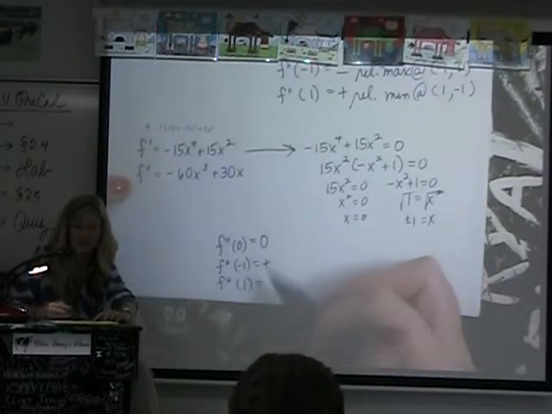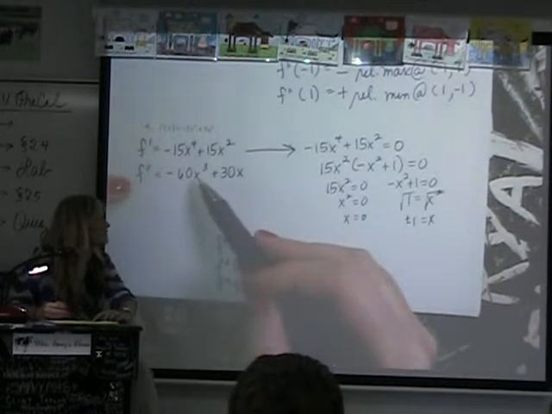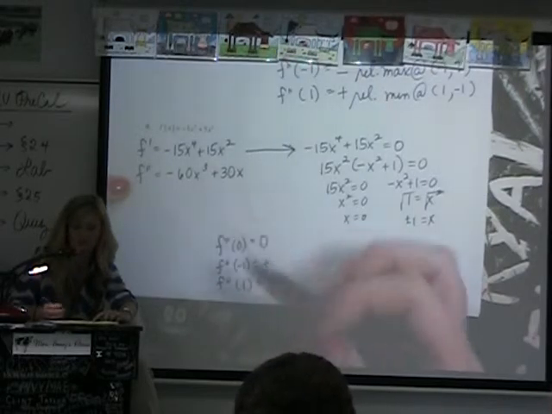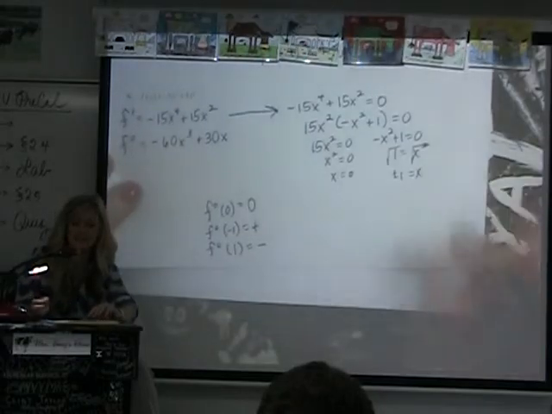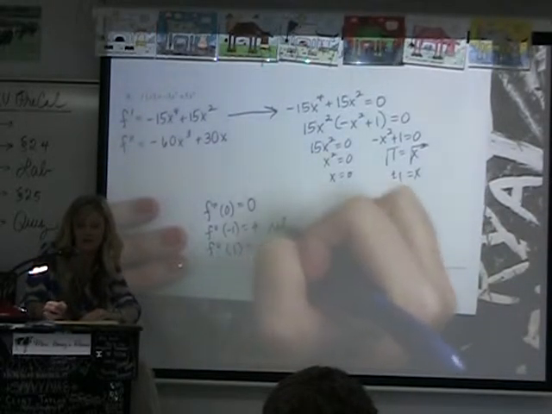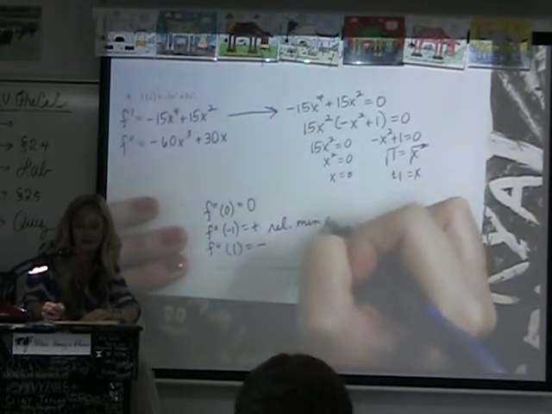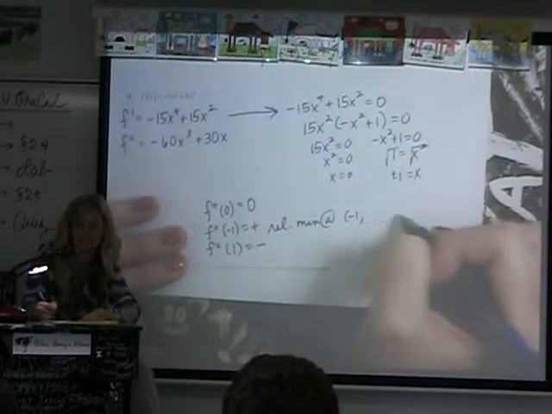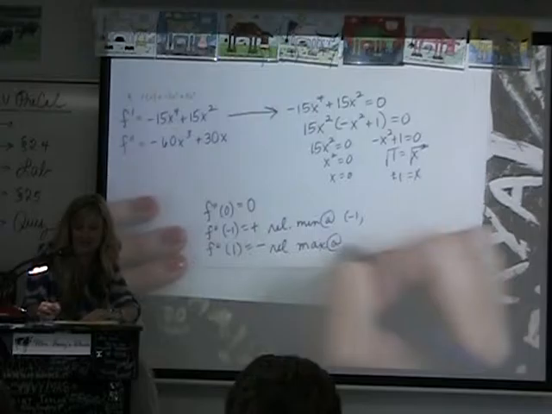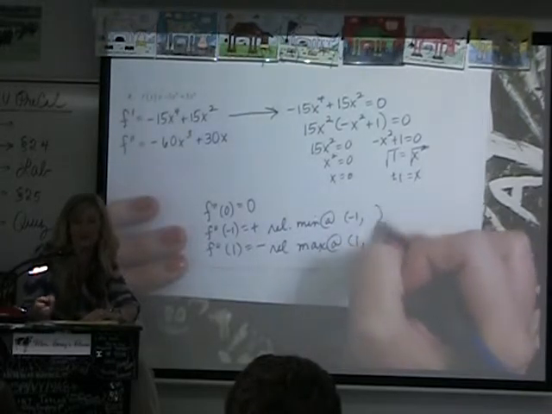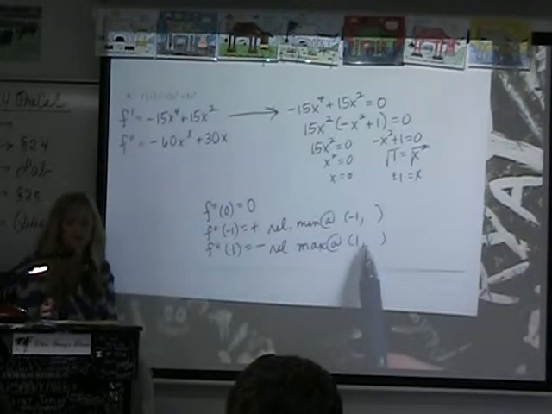And if we put positive 1 in there, we get a negative 60 plus 30. So we get a negative. So that tells me so far I have a relative min at negative 1 something, and I have a relative max at 1 something. Let's figure out those y values first.